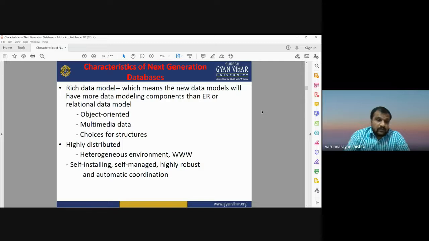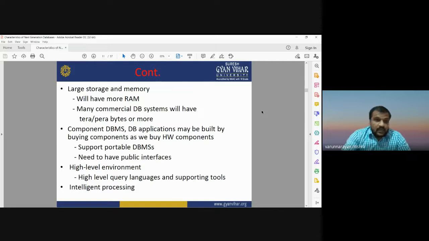There may also be a facility for automatic coordination of different databases. It should have large storage capacity and large memory with more RAM. Many commercial database systems will have petabytes or more of storage capacity.